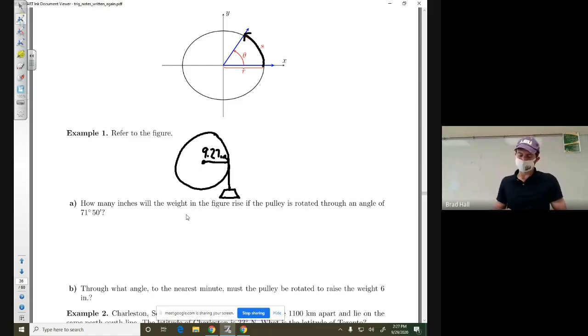So you can think about this as the starting position. Then part A asks how many inches will the weight rise? And they give us the rotation of the wheel.